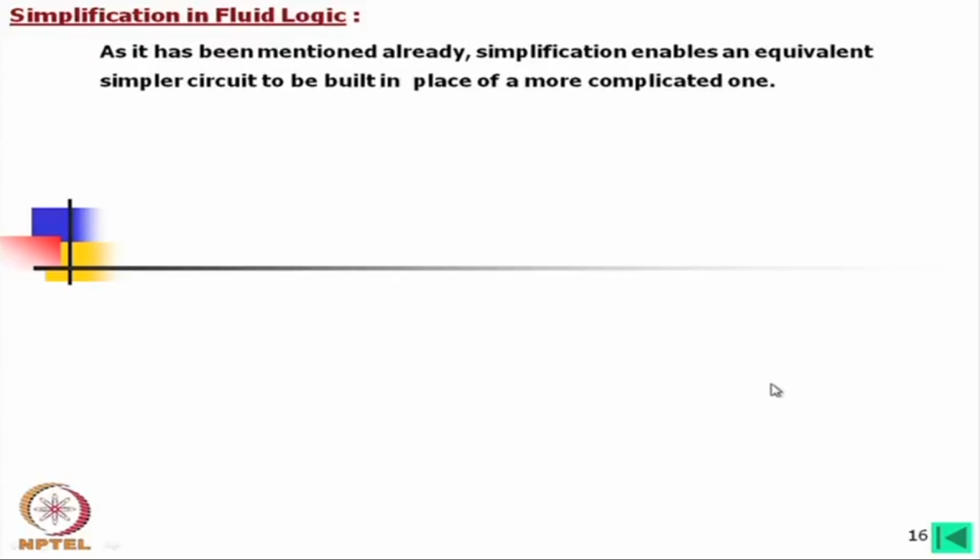As it has been mentioned already, simplification enables an equivalent simpler circuit to be built in place of a more complicated one. We have learned about simplification earlier. Now, here something also will be shown.